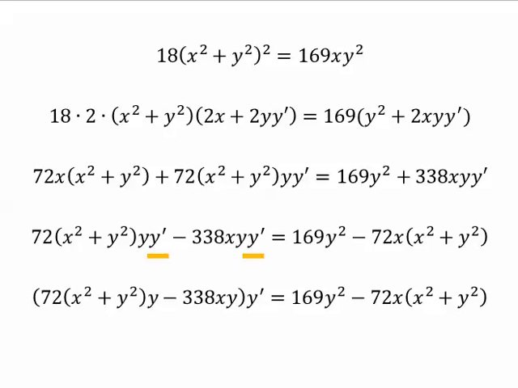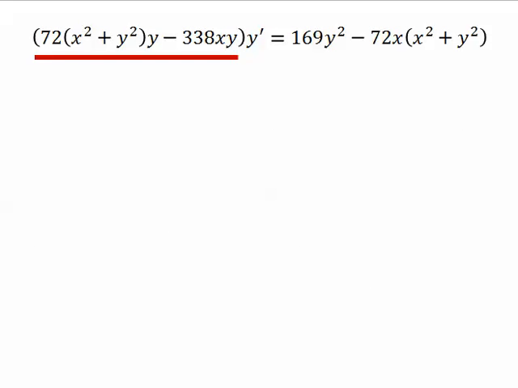Both terms have y prime. I want to factor y prime out. So I've got this huge parentheses, and then y prime. Do you see it? All right. So after I pull out the y prime, I have this red times y prime equals my right-hand side.